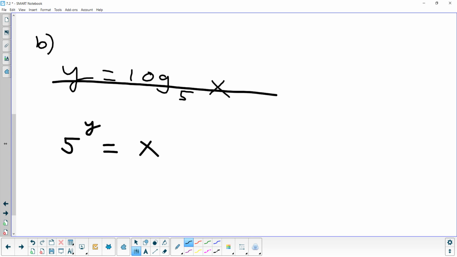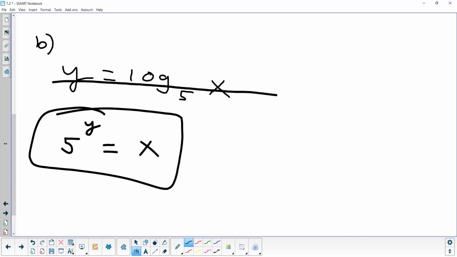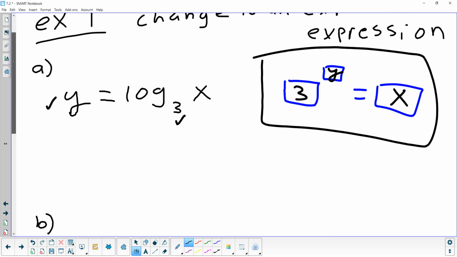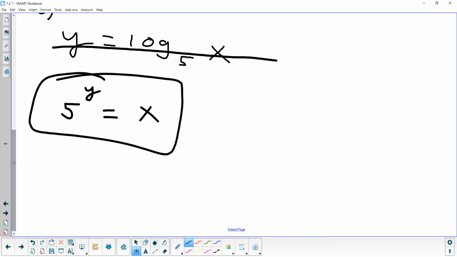All by itself on the other side, separated from everything else. Now, notice this one, did I do it different? No, I did it the same. If you wrote it like that, or you wrote it like this, that's the same thing. It's like x equals 2, 2 equals x. You can write it in either order. Okay, any questions on that one?